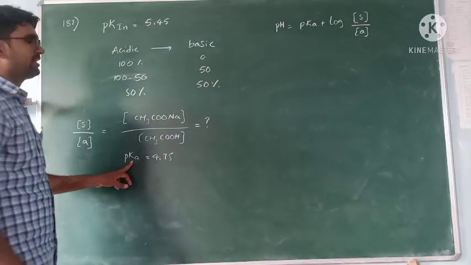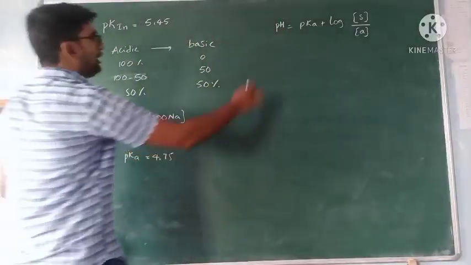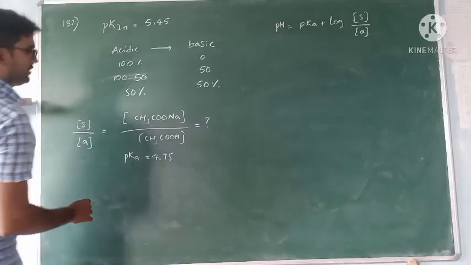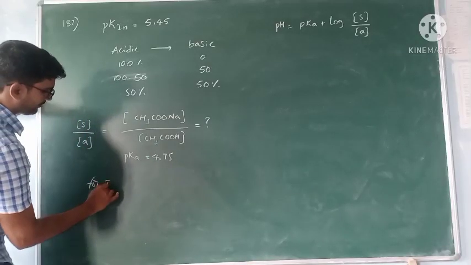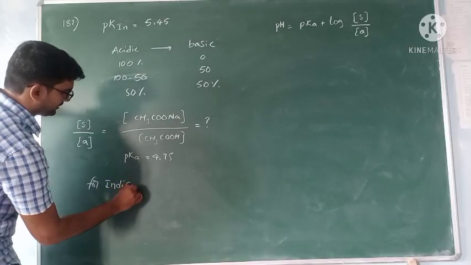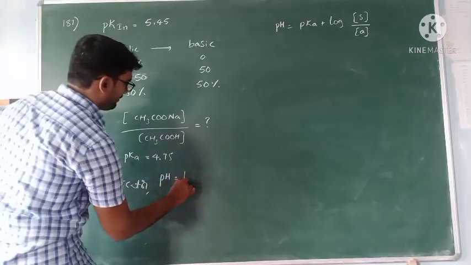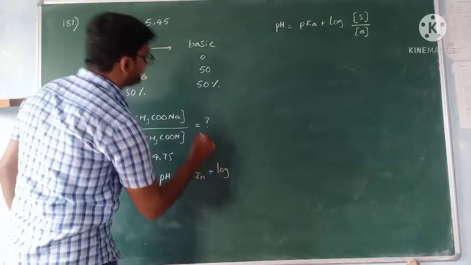Okay, the pKa value is given as 4.75, but we don't know the pH value. Then how can we calculate the pH value? Already the indicator information is given. For the indicator, pH is equal to pKin plus log.